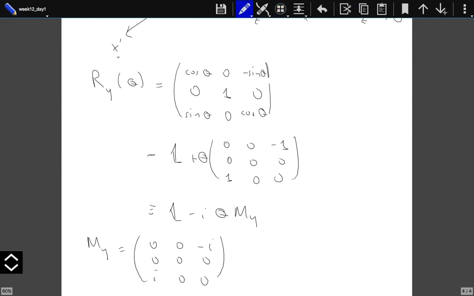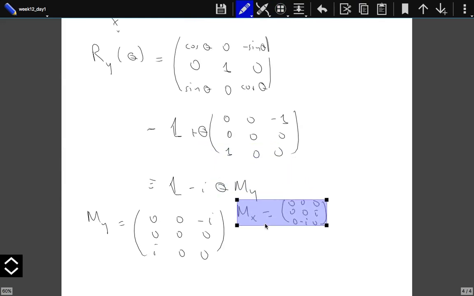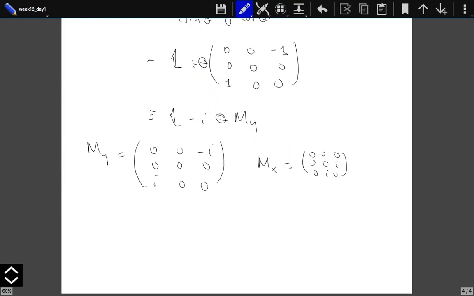You see, active rotation by theta is, in terms of its effects on the components of vectors, the same thing as a passive rotation by minus theta. So there is this sign difference.